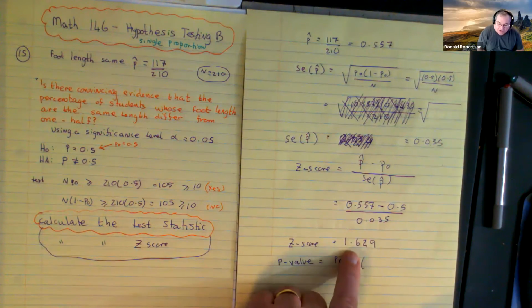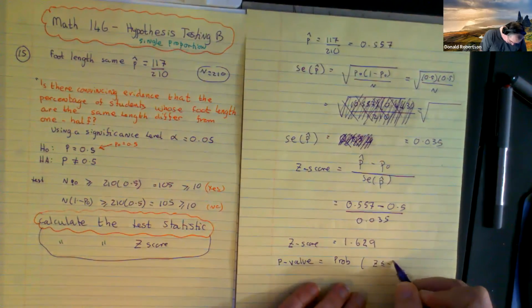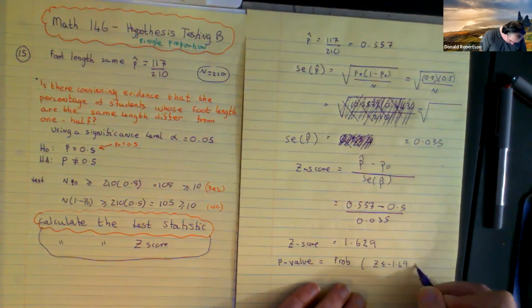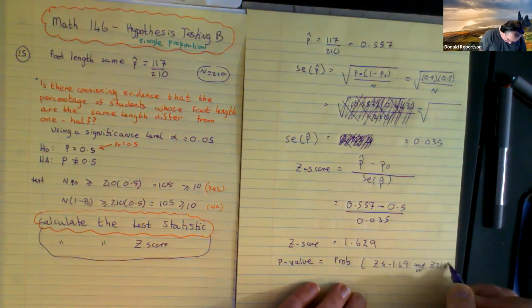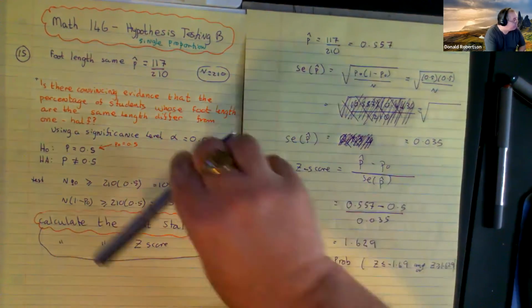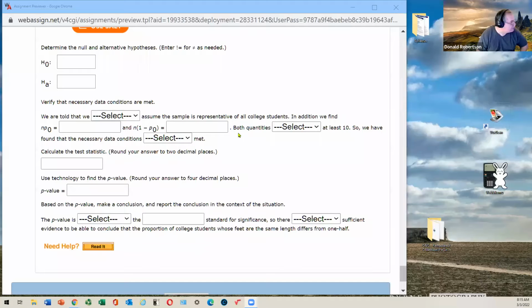But when it's not equal to, you're trying to find a z less than this one and or greater than that one. And that is done, thankfully, by using WebAssign. So here we go.